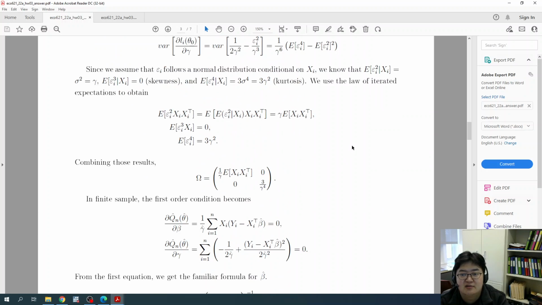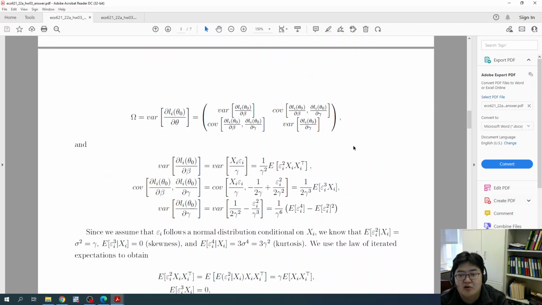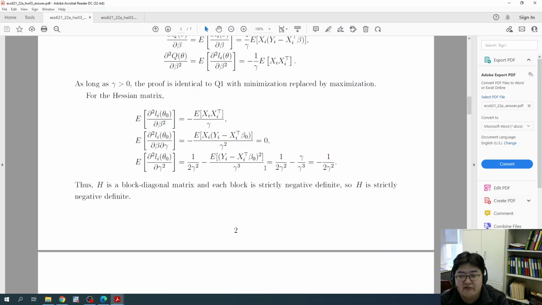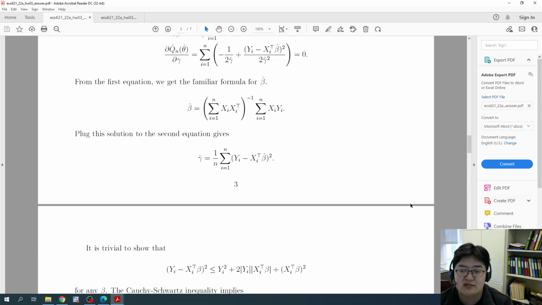Like the second derivative. Where is the second derivative? Second derivatives are these terms. So you can bound this, straightforward. So try that. That will be a similar good exercise.